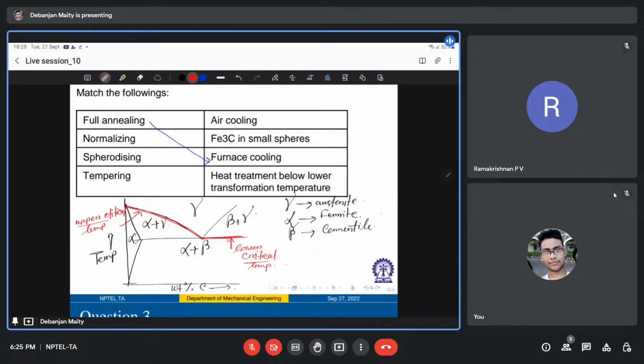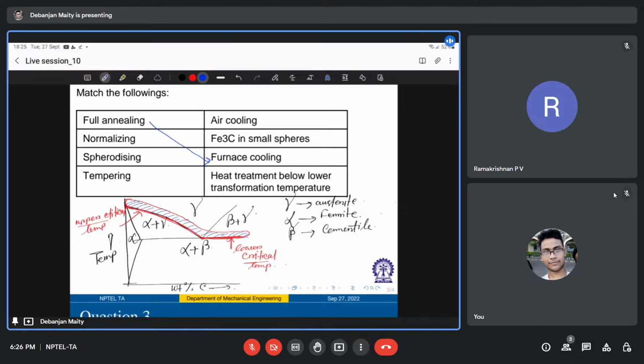Now, in terms of composition and temperature, when you are doing full annealing, you are heating the material in this region, and then you do furnace cooling to enhance the ductility and toughness, and because of that increase in temperature and then cooling, your hardness can be reduced, right?